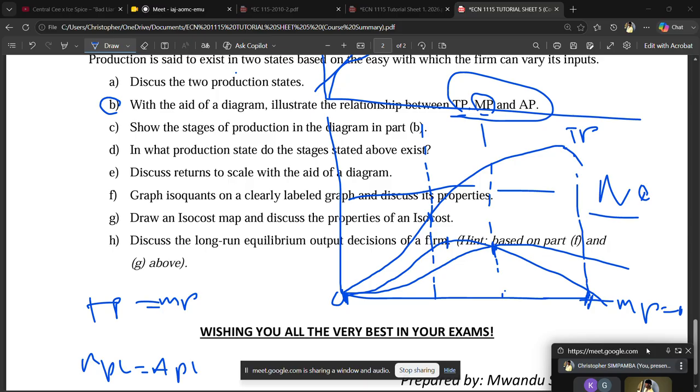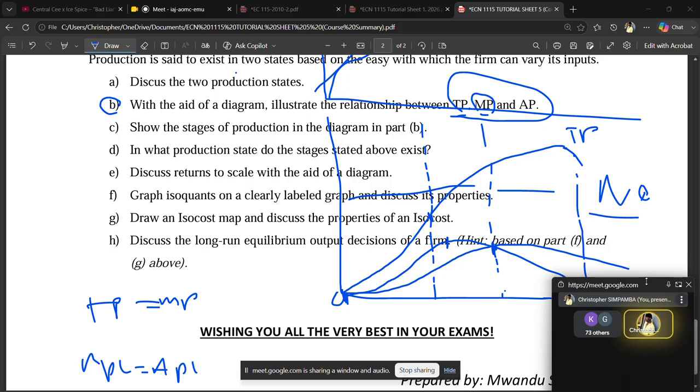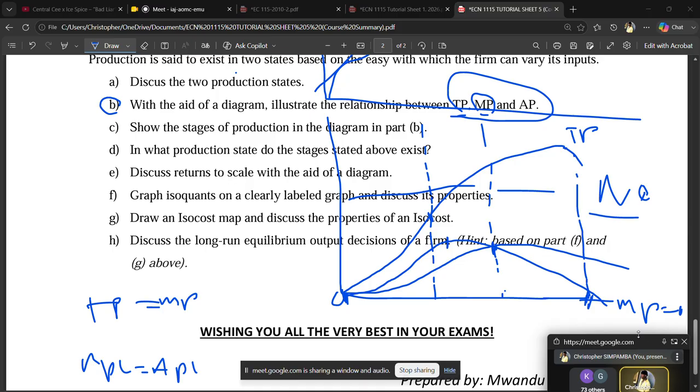I'm lost. How are you lost? Ask your question. My question is, for returns to scale, why do you use the diagram that we were given in the notes, for increasing, constant and then decreasing?